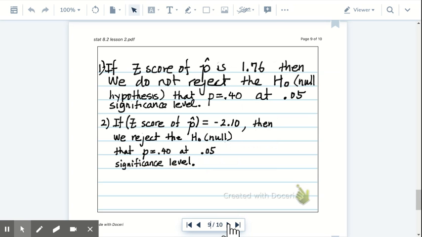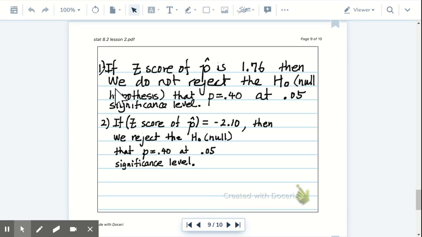That is the language. So, sorry about the writing here, but here are 2 examples. If the z-score of sample proportion p-hat is 1.76, then the z-score is in between negative 1.96 and positive 1.96. So this is not in the rejection area.